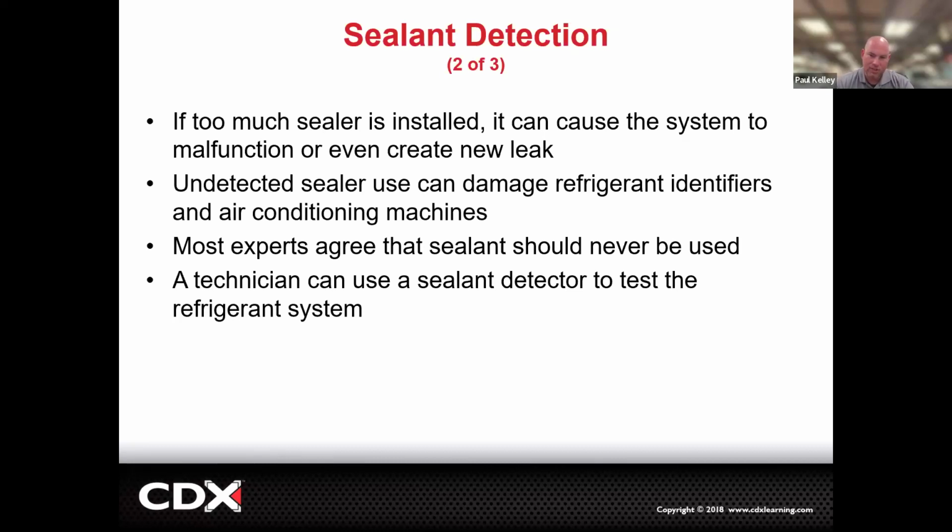Let me see if there's a contamination or not. You'd get the identifier out, hook it up. Oh, beep, beep, beep, 100% pure R134A. Beep, beep, beep, 90% R134A, 5% R12, 5% propane. My machine's not getting connected to those fittings. Does that make sense? Okay, I think you got what I'm saying.